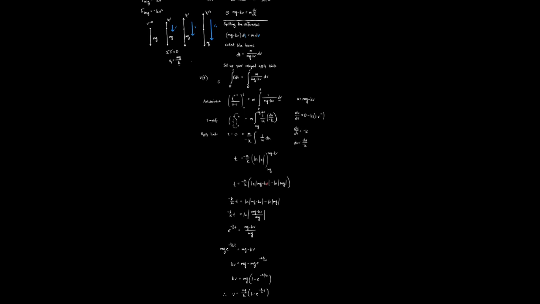I'm not sure there's a lot of steps to skip, but I want to point out this is worth most of the points. It is possible that you can go from here to here and get all of the points because they're not necessarily interested in your ability to do algebra and calculus.